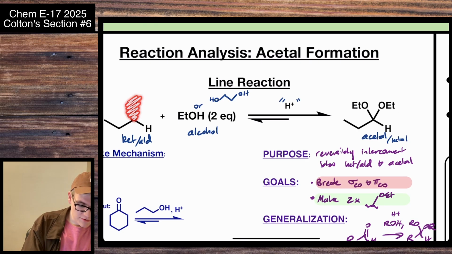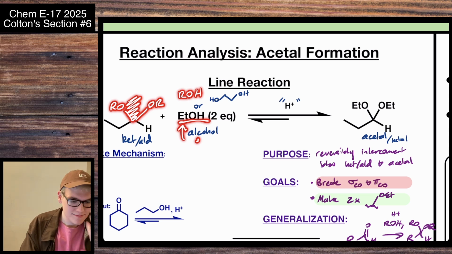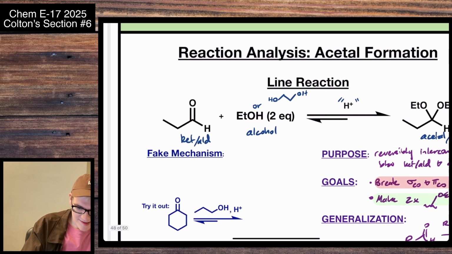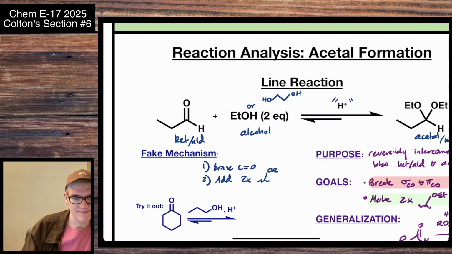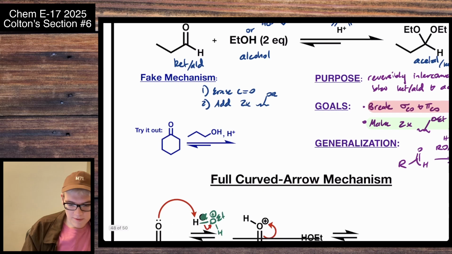And then if this is our alcohol, that's ROH, we need to add 2 OR bonds to it. The R is just whatever our R group is in the alcohol, in this case, ethanol. So fake mechanism: 1 is erase the carbonyl, and 2, add 2 ORs in its place.